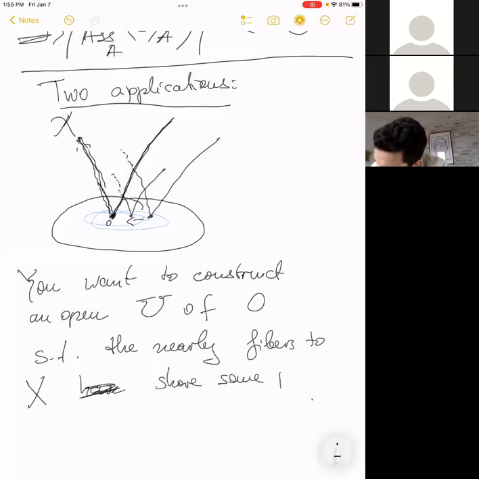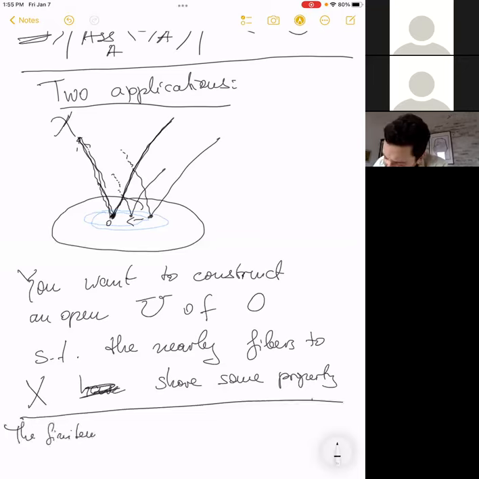So the way you construct this neighborhood is you shrink it and shrink it and shrink it. The finiteness condition of these valuations guarantees you that you have to do this finitely many times.